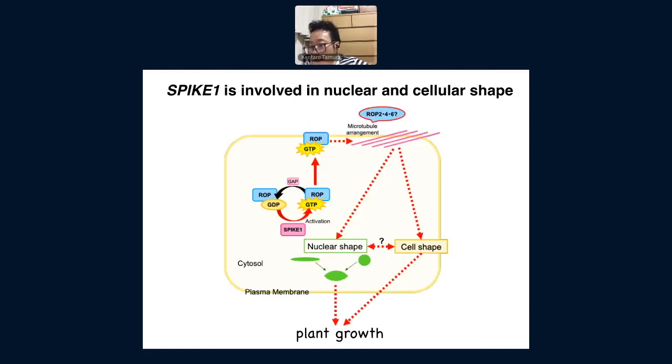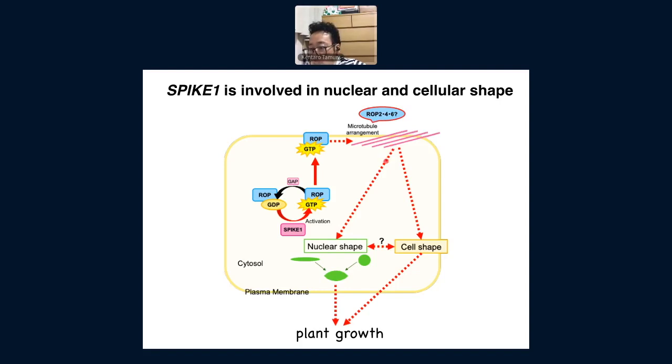Taken together, we made a working model of spike1. Spike1 encodes a guanine nucleotide exchange factor for activating LOP GTPases. In Arabidopsis leaves, mainly LOP2, 4, and 6 are target proteins for regulation of the cytoskeleton. In our model, microtubule distribution in this cell is controlled by LOP2, 4, and 6.